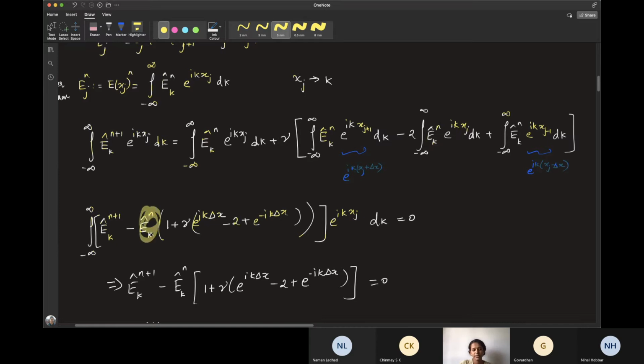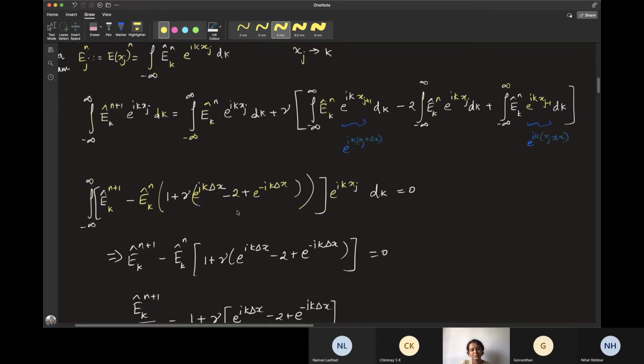Since e power ik xj has been taken out evenly, now you have an integral of something times e power ik xj dk equals 0. For this integration to be 0, you require this term to be 0. There is no other way, because the limits are different. So the only possibility is for this integrand to be 0. Since e power ik xj is not 0, this has to be 0.